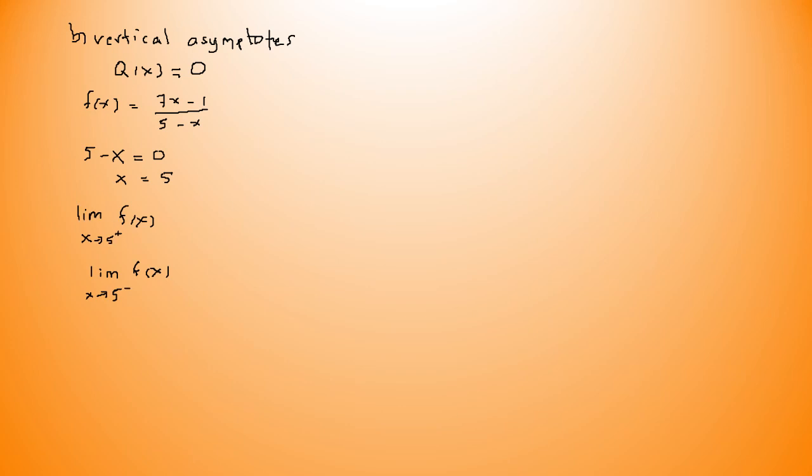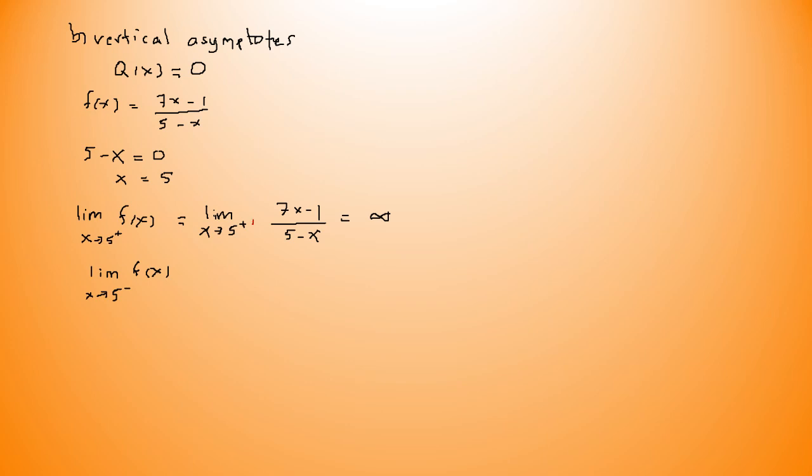Alright, first find the limit of f(x) as x approaches 5 from the right side, which is the limit as x approaches 5, with a positive sign meaning from the right side, of (7x - 1) over (5 - x). If we substitute x equal to 5, we get 35 - 1 is 34 over 0, which is infinity. Then we need to test whether the limit is positive infinity or negative infinity.